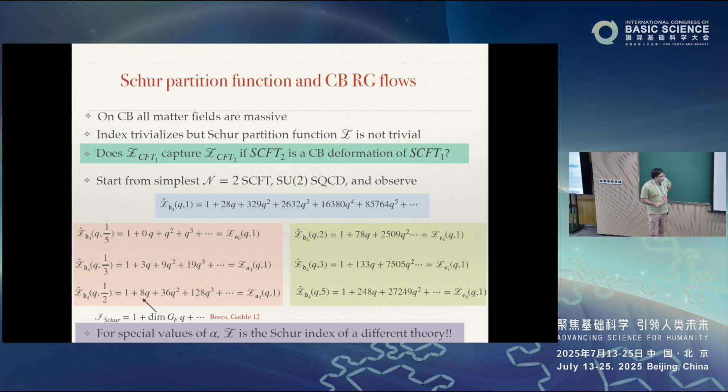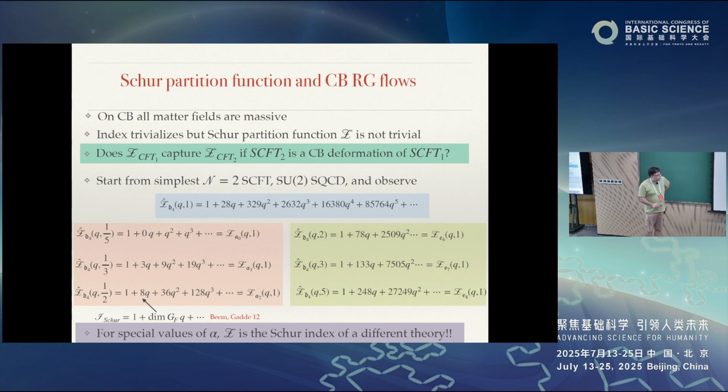Okay, so here I added this hat to the index, and this hat means that I actually normalize the partition function. If you compute the partition function that we have defined, it will not start with 1. It will start with some number, and then it will have a Q expansion. So we just divide by the Q to the 0 coefficient to define this partition function with a hat.